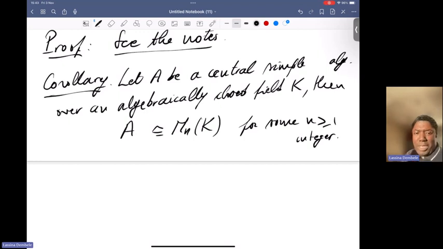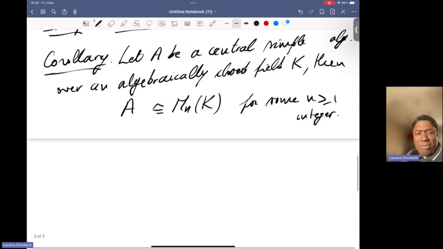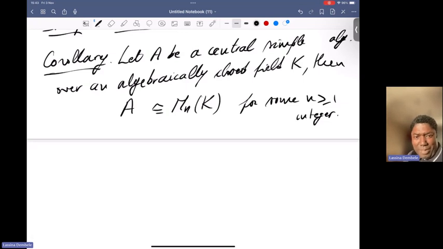You can see almost immediately which one of the conditions from this theorem would imply this statement.